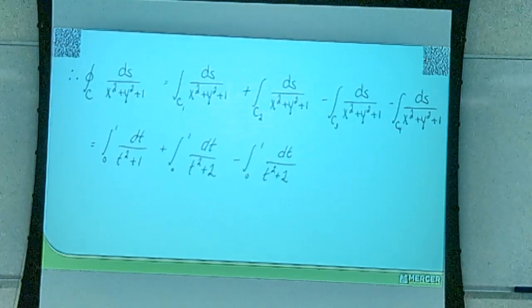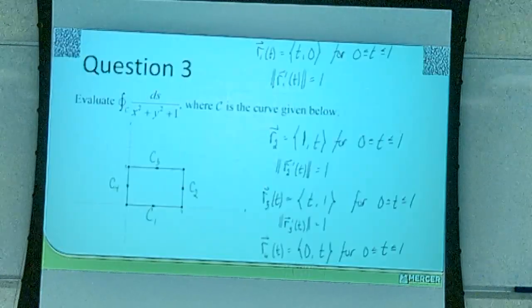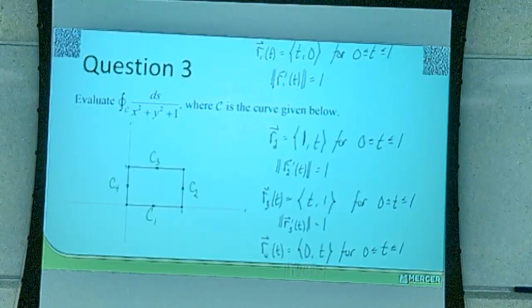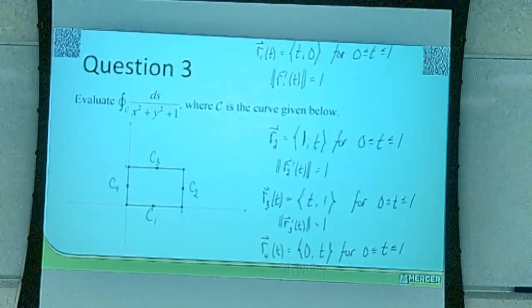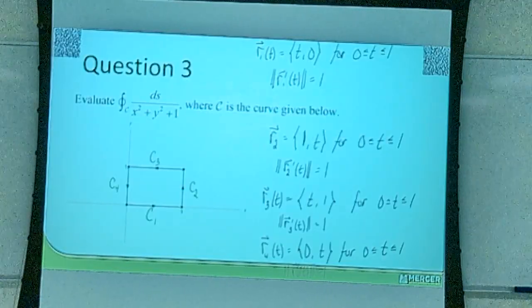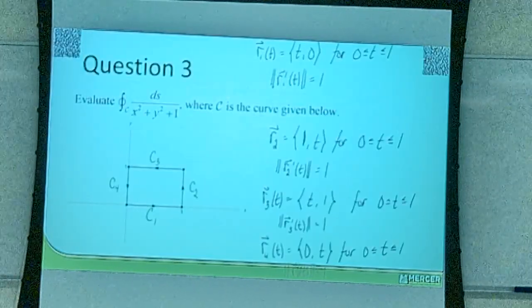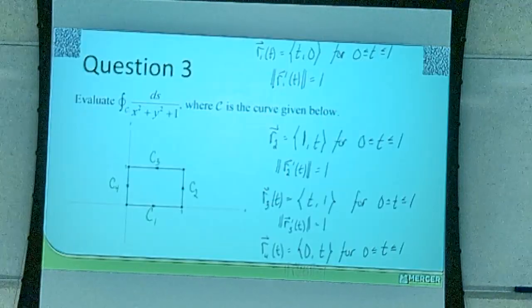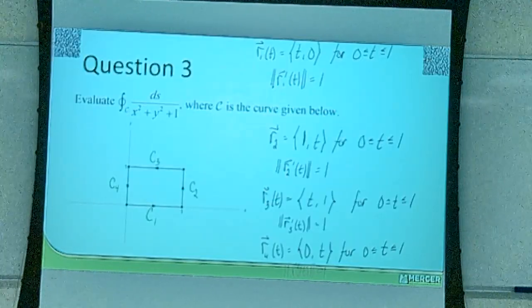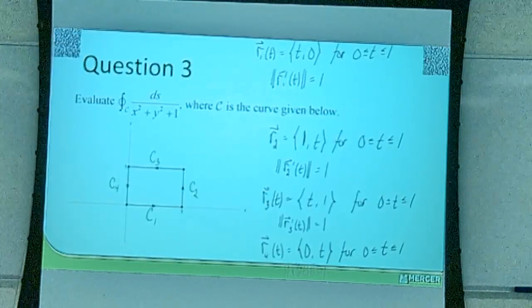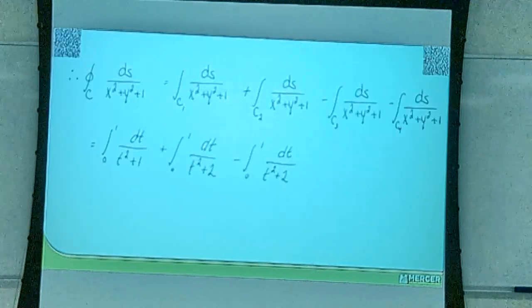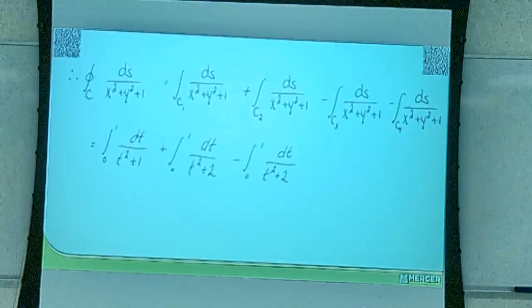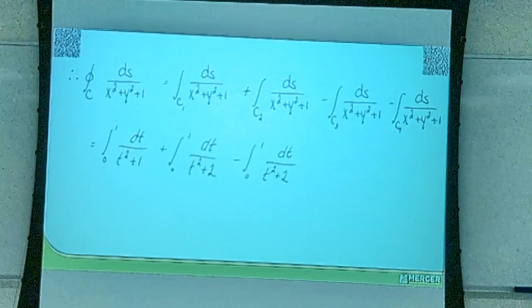It should work. I don't know why that's not working. It should.